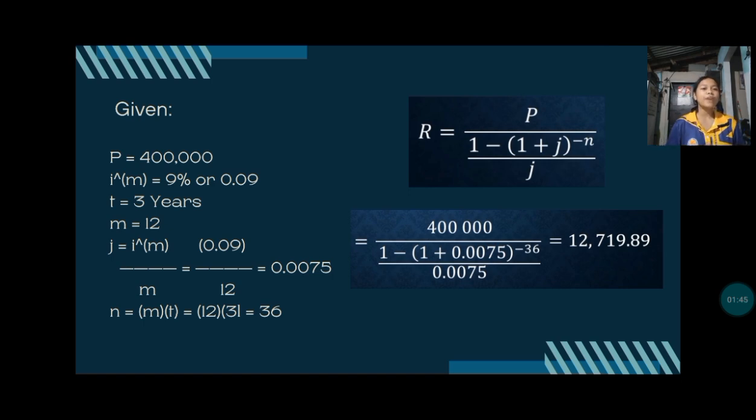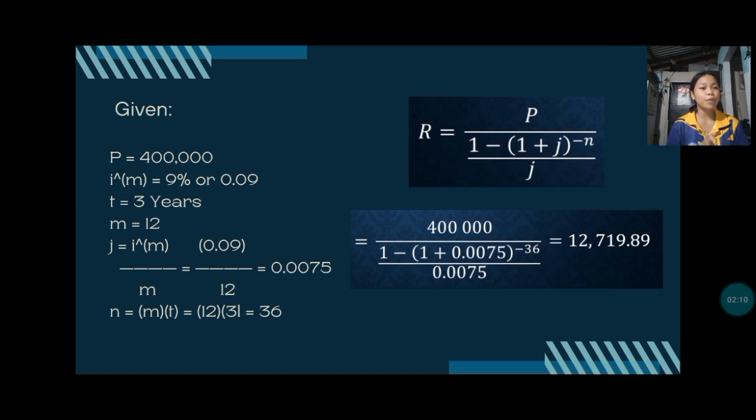So to find our monthly payment, we have here the formula. R is equal to P over 1 minus the quantity 1 plus j raised to the power of negative n, over j. So we are just going to substitute each given.